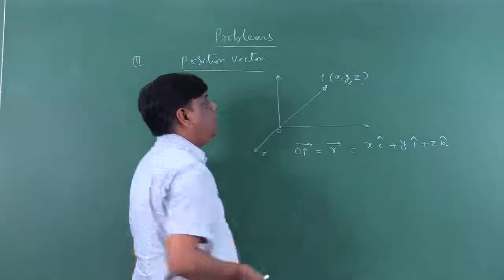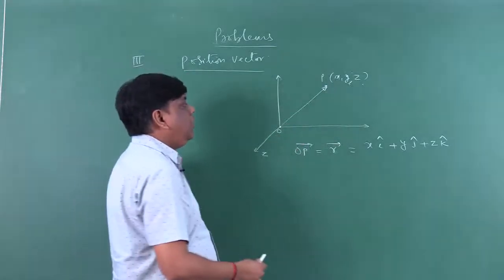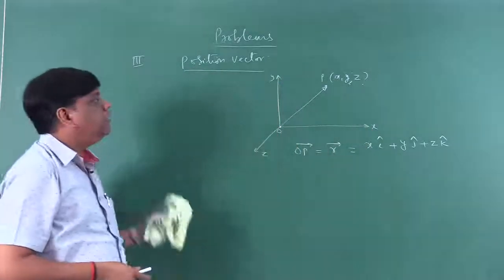So this becomes the position vector of the point P with respect to the origin. So this is the concept we had.